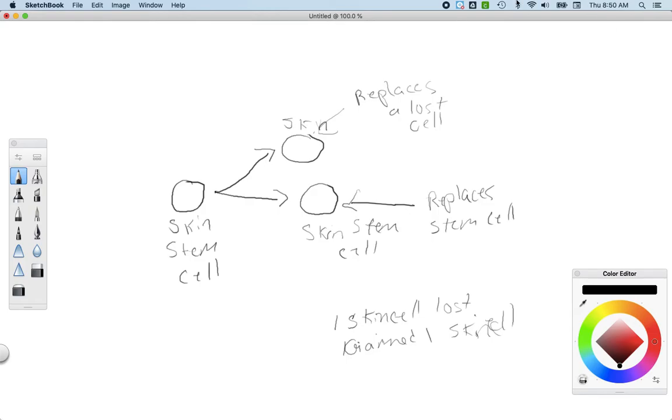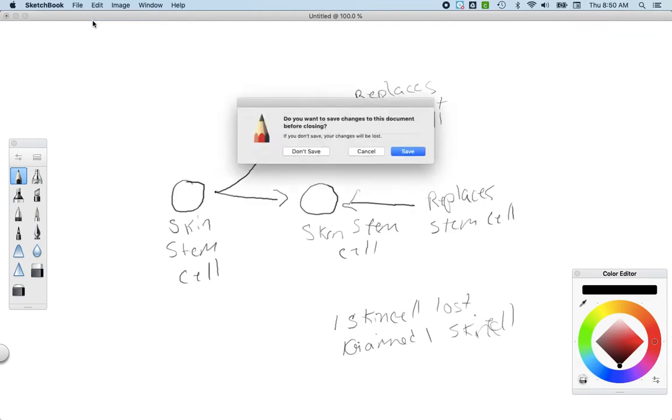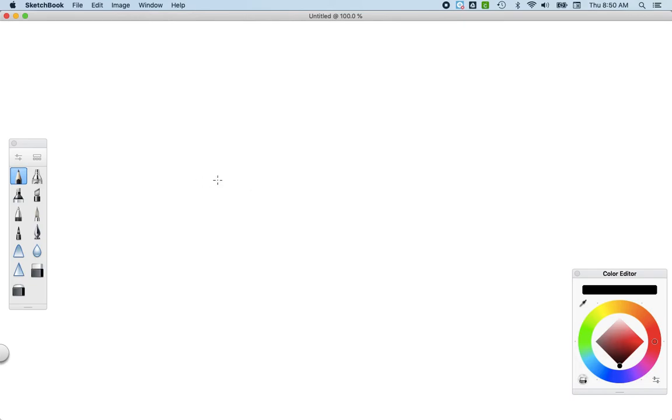If the cell cycle doesn't work correctly, and suppose this skin cell, let's put a new one up here, that stem cell divides, and we get a mutant skin cell.